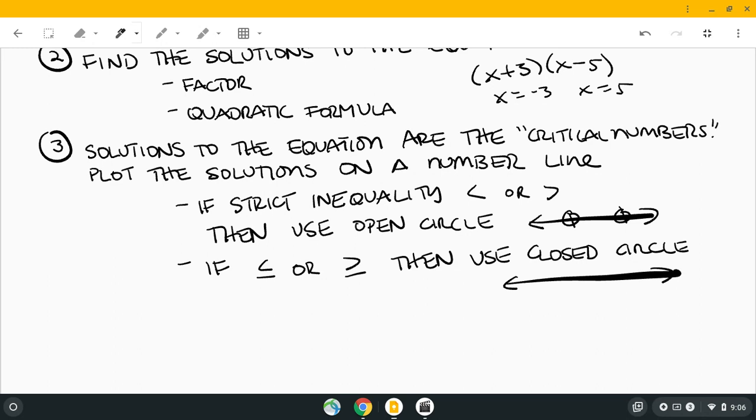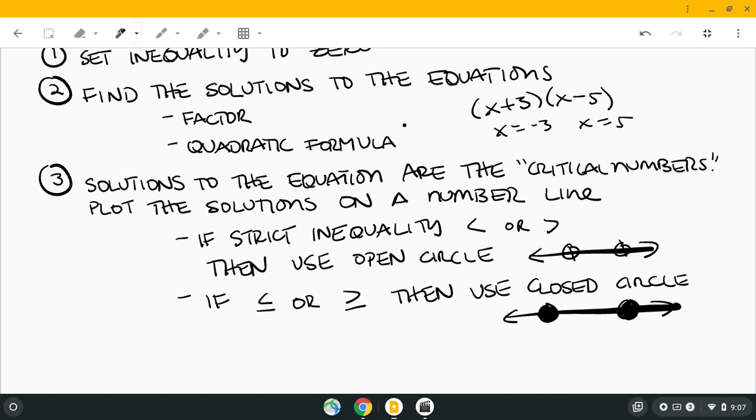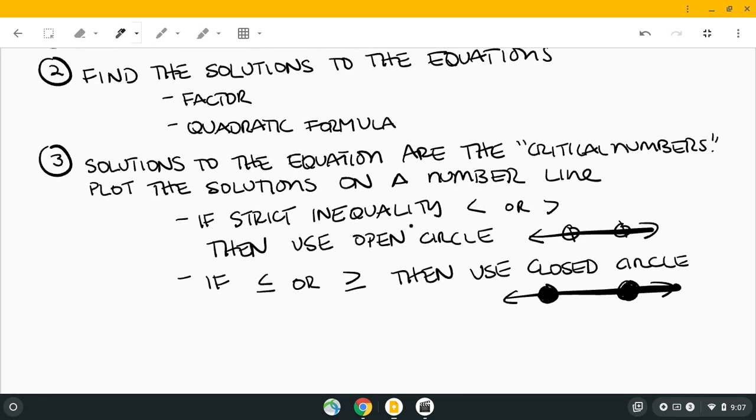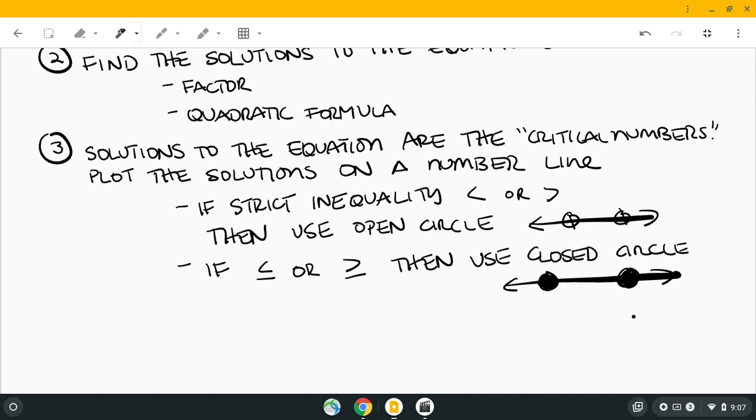So if you have one there and one there, you would use closed circles. Strict inequalities cannot equal, so leave them open. So you find your solutions, using factoring or the quadratic formula, and then you plot those solutions on a number line and use an open circle or closed circle.